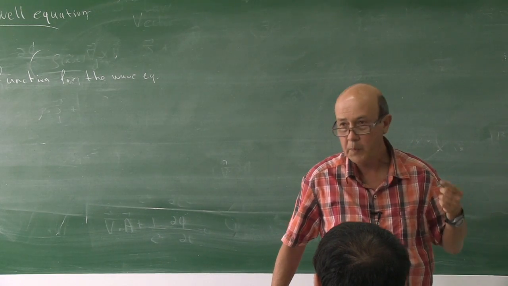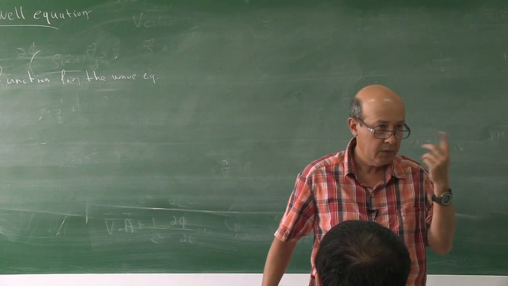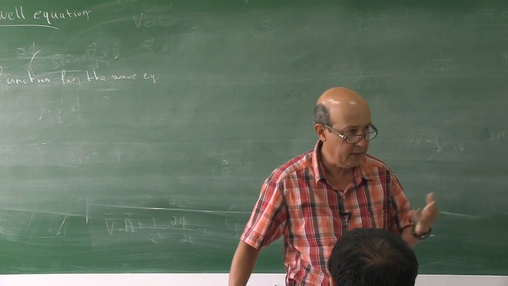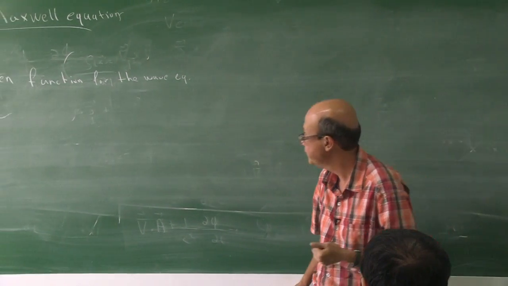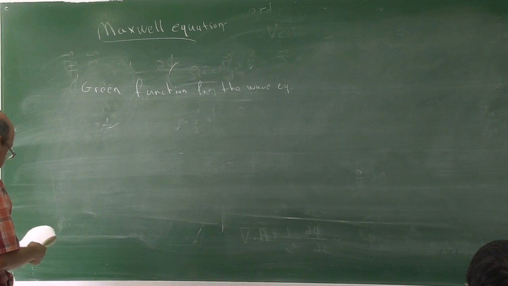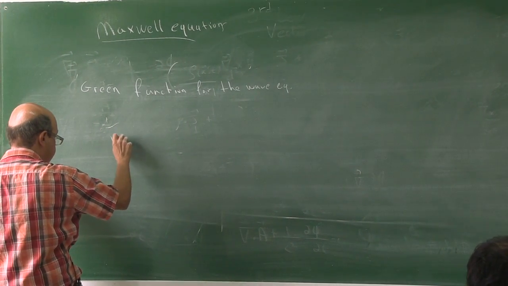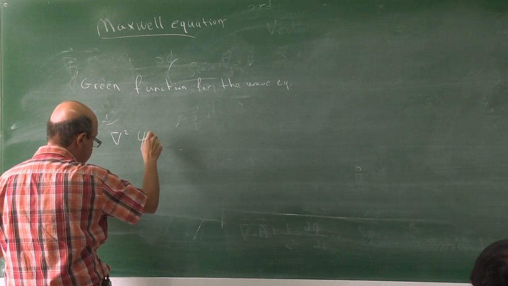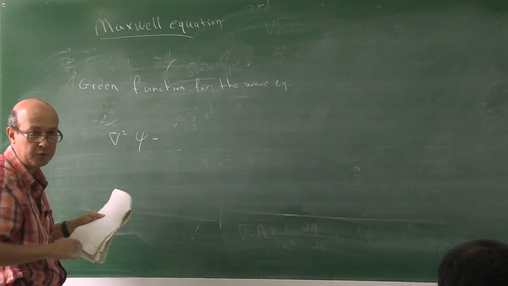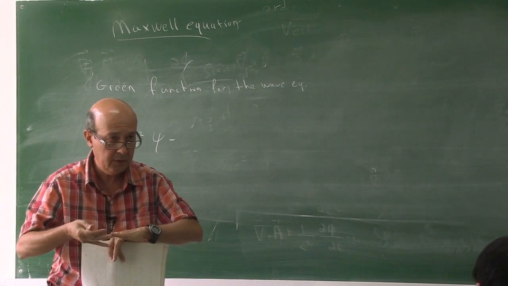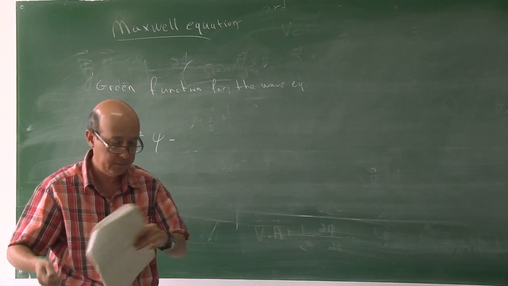But if you write it component-wise, you can write the x component, y component, or the z component of the vector potential. They are scalar. So basically, we will try to introduce the general solution of the non-homogeneous wave equation. We have some scalar function. That could be the scalar potential or what? Components of the vector potential, x, y, z.